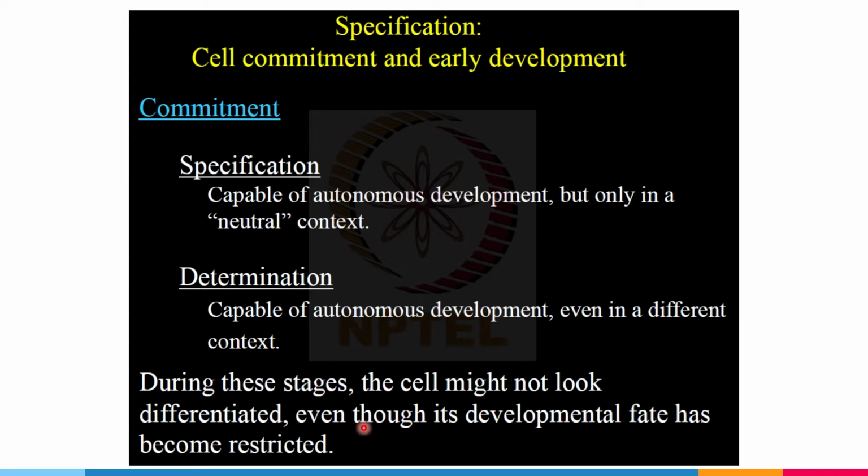Thus this is specification and determination, and during these stages the cell might not look differentiated even though its developmental fate has become restricted. These can be changes in the gene expressions itself, so we do not see an outward phenotype on the surface of the cell to tell that it has become a particular type of cell, but its fate has already been determined.